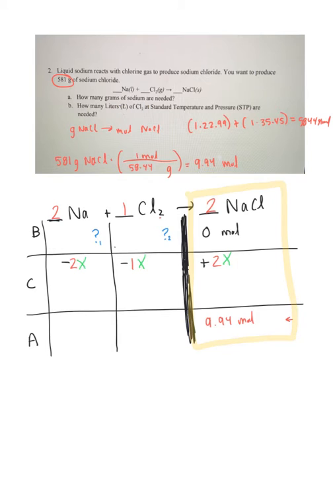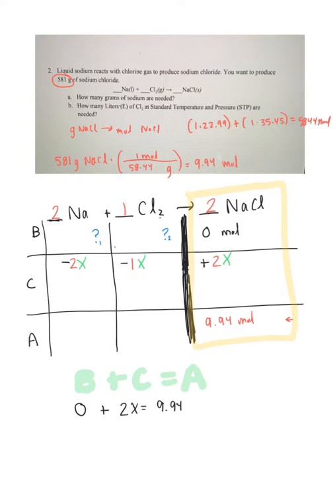Remember, the big thing with stoichiometry, B plus C equals A. So what if I wrote a little algebra equation, and don't panic because I said algebra. Look at B is 0 plus C, which is 2X, equals 9.94.